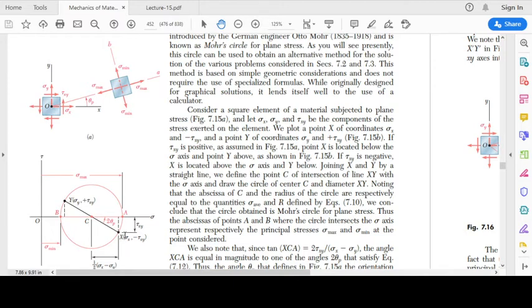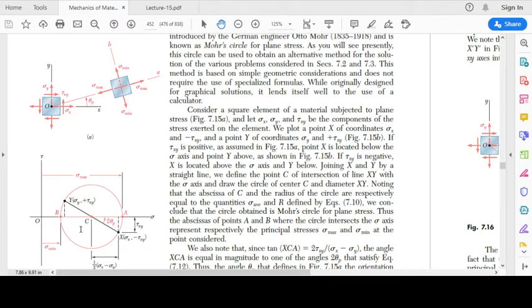How will we draw the circle? We will just join these 2 points x and y with a straight line, and wherever this straight line intersects the horizontal axis, that point is going to be the center of the circle. If you evaluate the normal stress at this point C, it will come out to be equal to sigma average that we have earlier discussed.